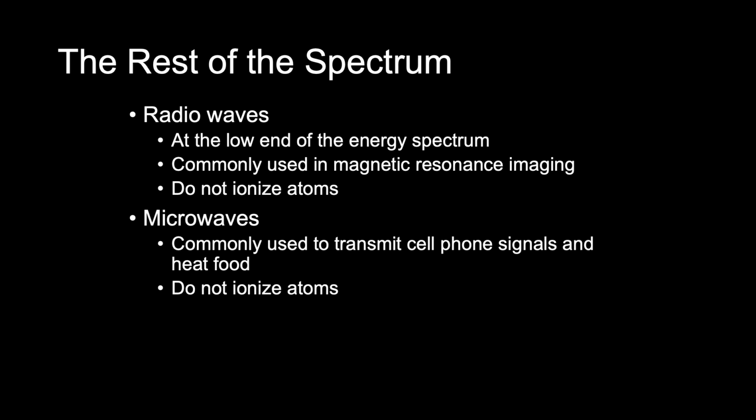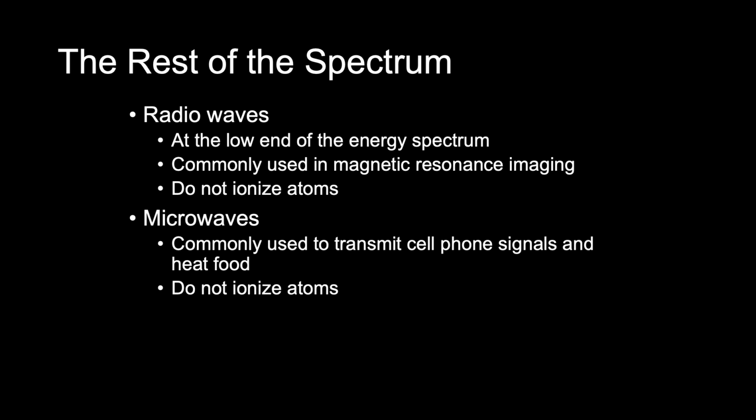The low end of the energy spectrum begins with radio waves. One common use of radio waves is in magnetic resonance imaging, MRI. The basic principle of operation of MRI hinges on the fact that the nuclei of hydrogen atoms are magnetic. So when placed in a strong magnetic field, the nuclei will absorb and re-emit radio waves of a particular frequency.